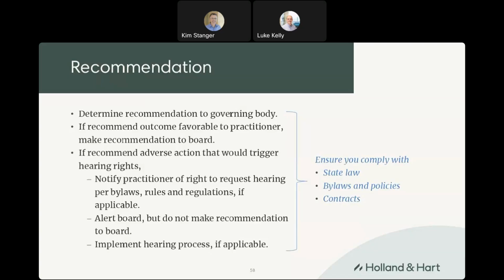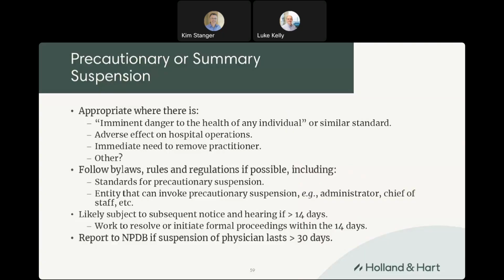The MEC then makes a recommendation that's going to be favorable to the practitioner or adverse to the practitioner. Make sure that that recommendation comes back and is documented in writing, setting forth the reasons for the recommendation and the like, because you're going to be judged. If you go to a hearing, you're going to be judged by the information that's in that recommendation and the investigation that's going to be conducted.